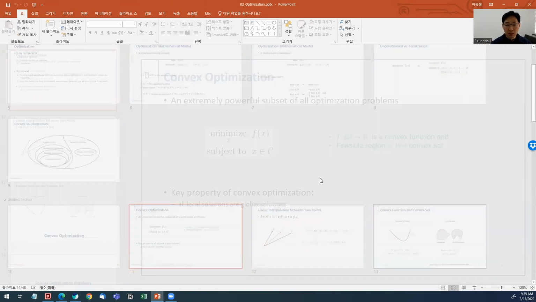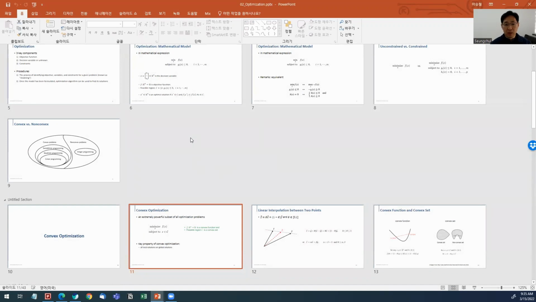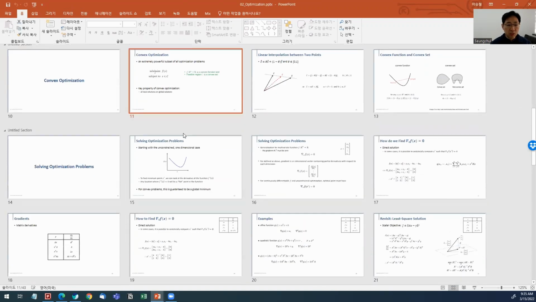It's a good advantage of having convex optimization problems. Another reason is that many problems we're going to face in machine learning turn out to be convex optimization problems. I'm going to show you a lot of examples in regression and classification problems as we go on in this lecture.